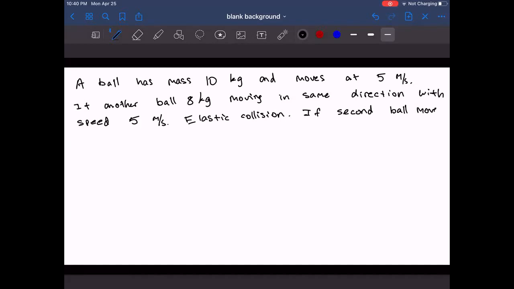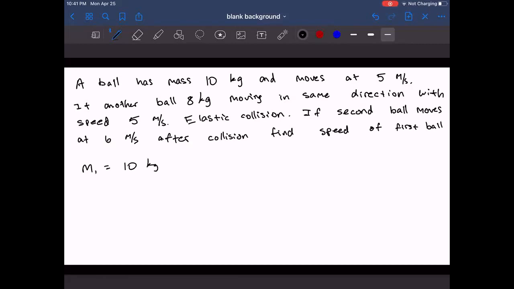Okay, so there's two objects. The first one, M1 is 10 kilograms, and M2 is 8 kilograms.